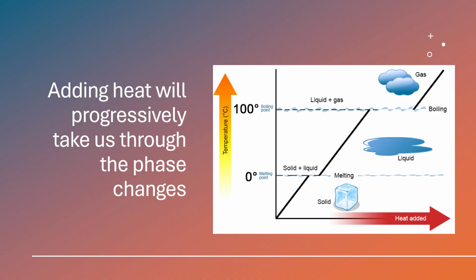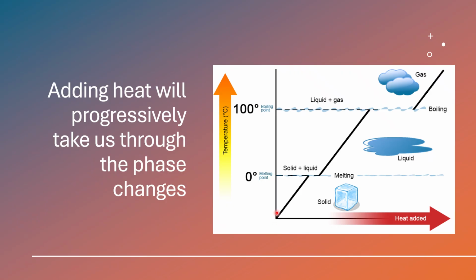In order to do a heating curve chemistry problem, where we are adding heat progressively to take us through the different phase changes, it is quite useful to have a heating curve that looks like this. This is a heating curve for water, and typically it starts somewhere below 0 degrees centigrade.